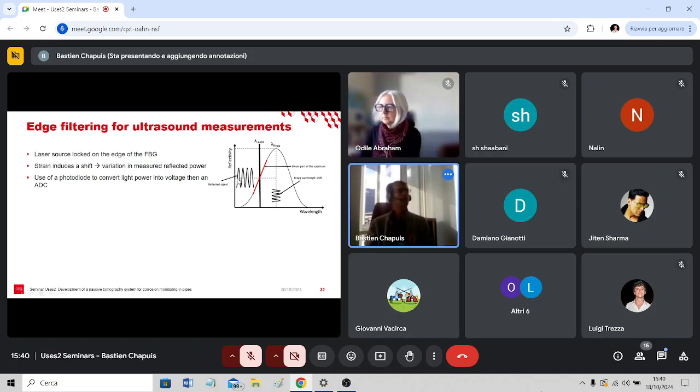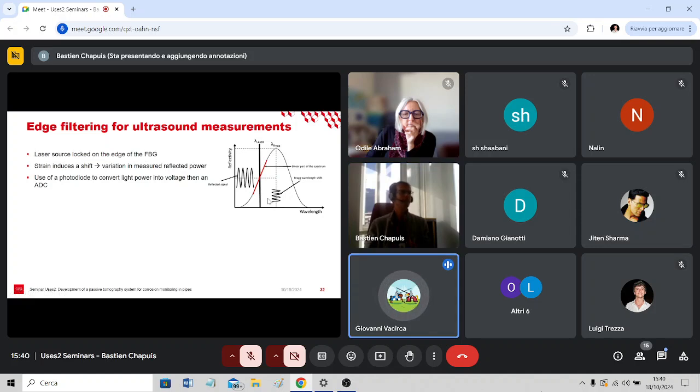Okay. But here, if I understood well what Sylvain explained to me previously, you don't work with this measurement scheme.